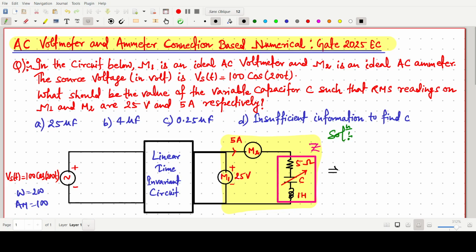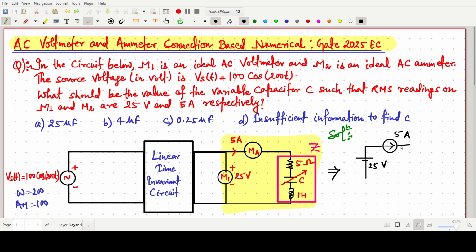If we redraw the circuit for this part only, there is a voltage source having 25 volt, which is our M1, and the current flowing is 5 ampere.